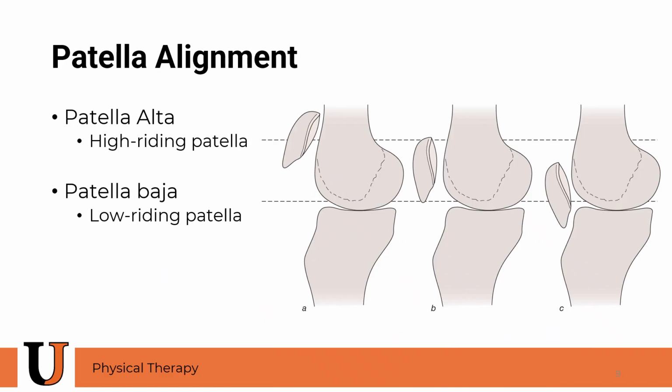The resting position of the patella can be described in a couple different ways. Patella alta is considered to be a high-riding patella, and patella baja is considered to be a low-riding patella. It has been found that if you have patella alta, it's usually due to a longer patellar tendon, and that may increase the risk of subluxations and dislocations of the patella.